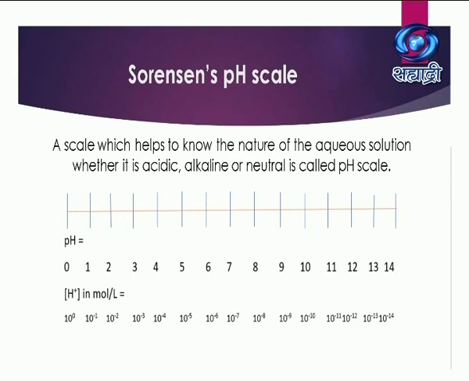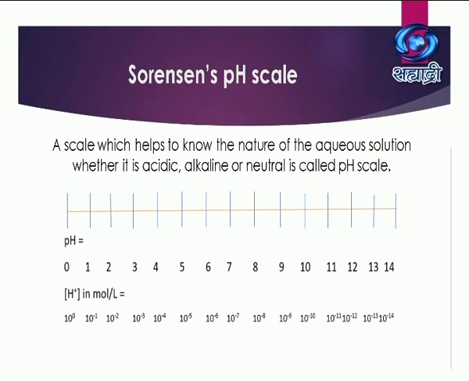Now Sorensen's pH scale, a scale which helps to know the nature of the aqueous solution, whether it is acidic, alkaline or neutral, is called the pH scale. As I told earlier, in the laboratory it becomes easier for us to find out the nature of the aqueous solution, and so this pH concept is quite important and the pH scale is also important.